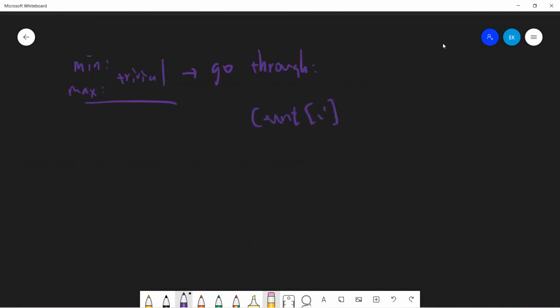If you see the count of that number is non-zero, then you can update the minimum, otherwise there is nothing to update, so the minimum stays as the original minimum. The maximum is the same: just keep iterating.